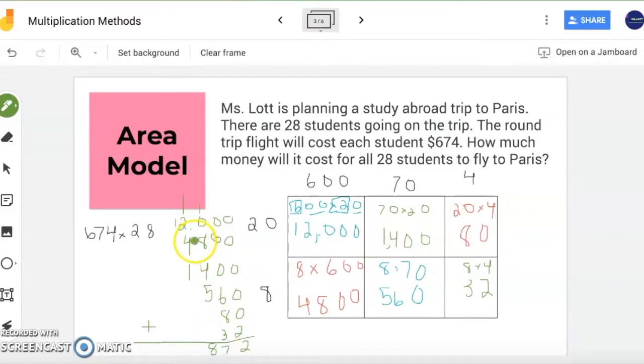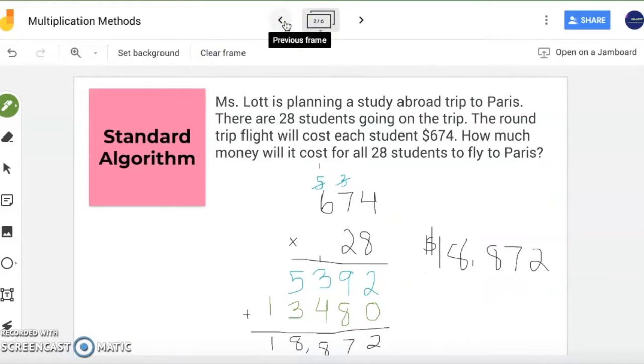And then in my thousands place, I have 4 plus 2 is 6, plus 1 is 7, plus 1 is 8. And then in my 10,000s place, I have just 1. Now I notice here we have a final answer of 18,872. Now looking back here, it looks like I got that same answer using the standard algorithm.